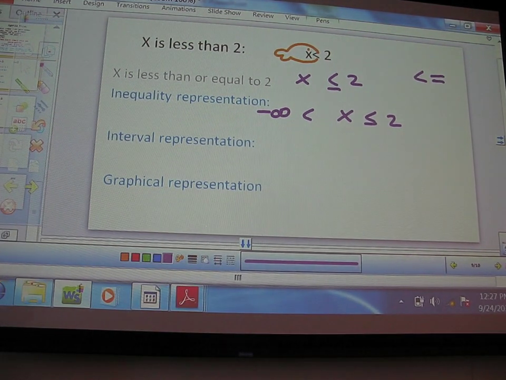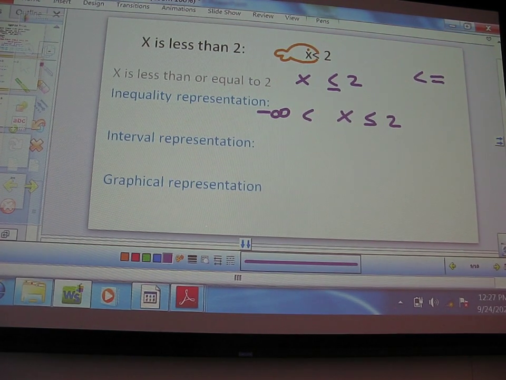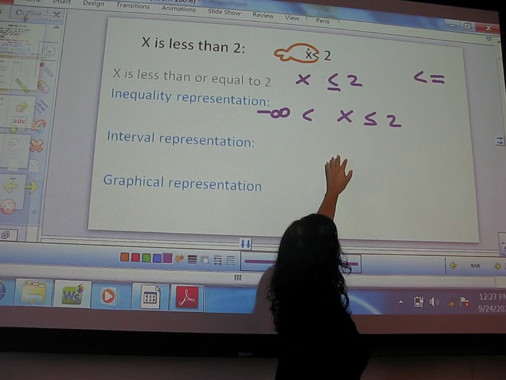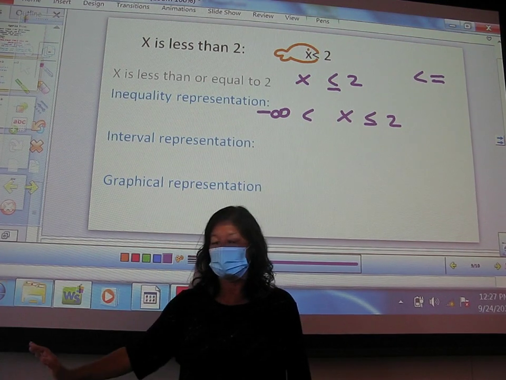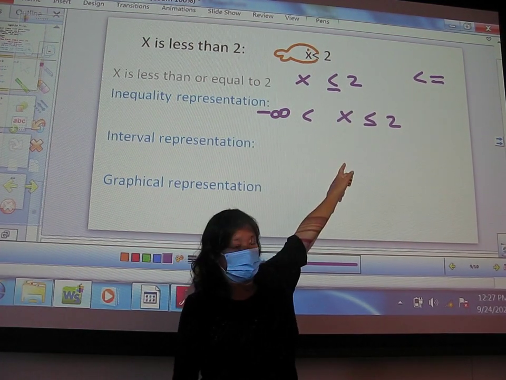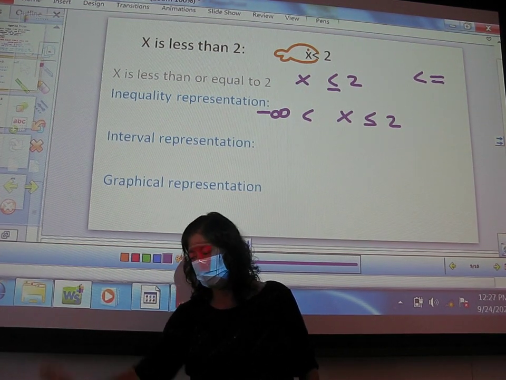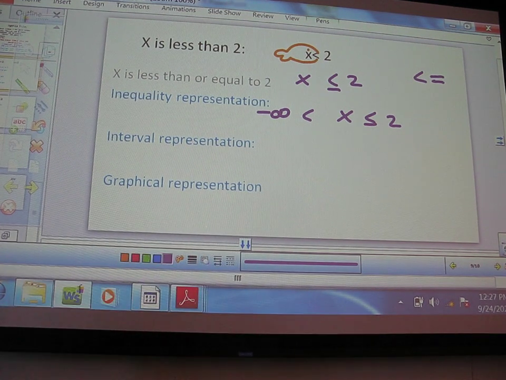Now, interval notation does this. Interval notation: if I'm like this, I grab what's on the smaller side, what I'm greater than, negative infinity, and then I write what's on my bigger side, what I'm less than, and I put a comma between them.